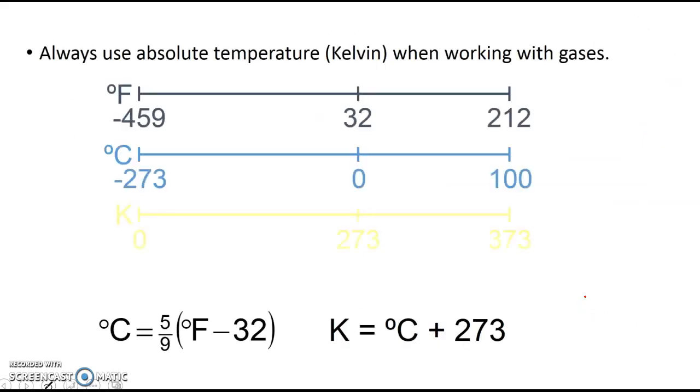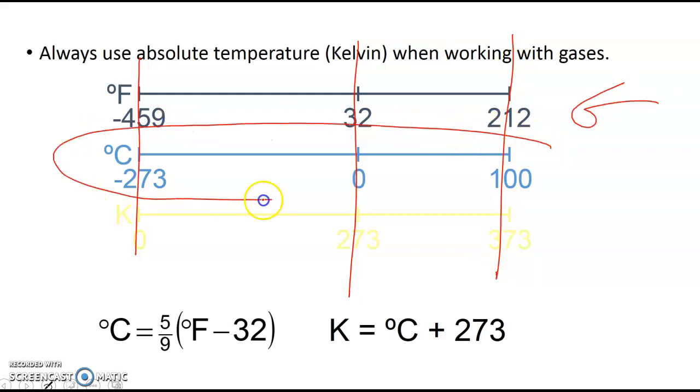So this shows the three different scales: where absolute zero is, where water freezes, and where water boils. Again, you're most familiar with this one. This one we've talked about in chemistry as being the SI, the international system of units, and then this one here is going to be used in gas laws.